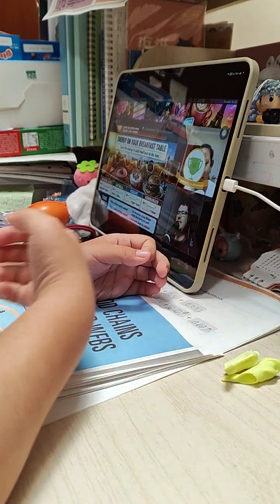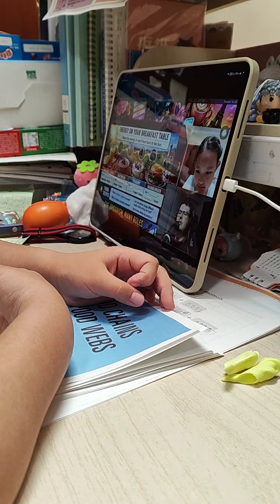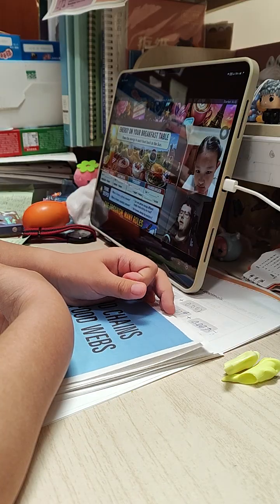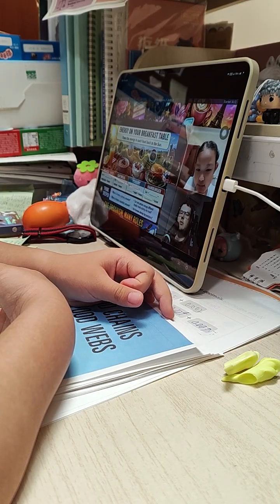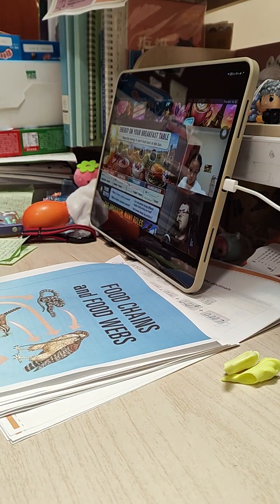If we look at the energy on the breakfast table, remember the breakfast table in the first part of the book? There, we wondered how food gives us energy, right? We eat it, we are the consumer of food, and the food gives us energy. So here you can see the orange juice. The sun is the first one.